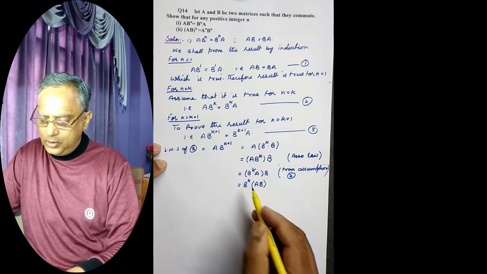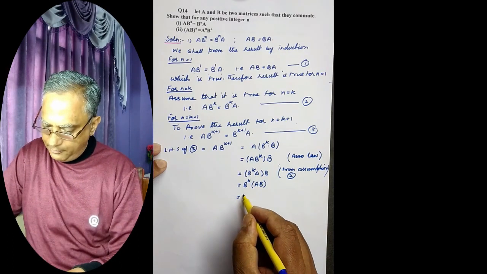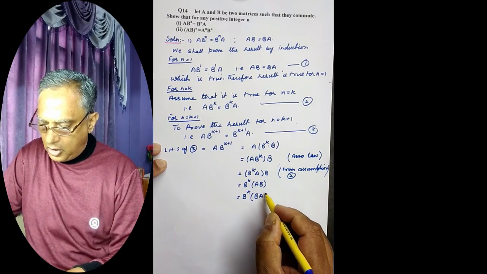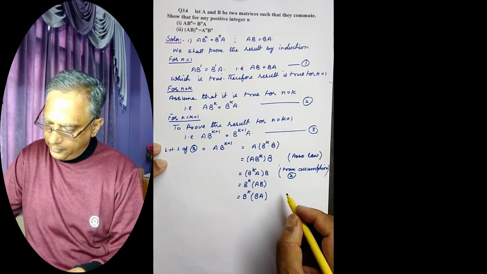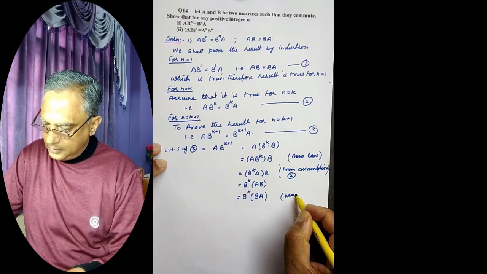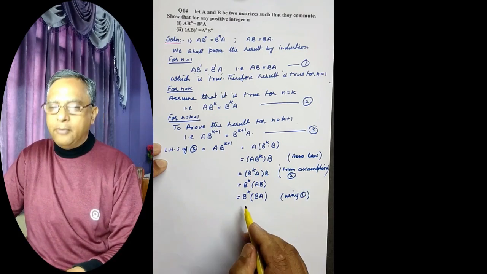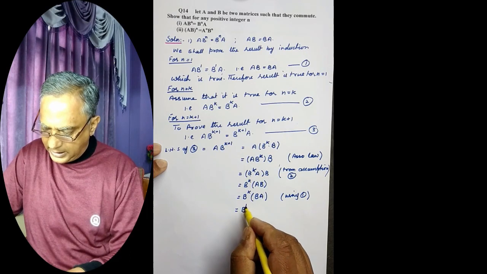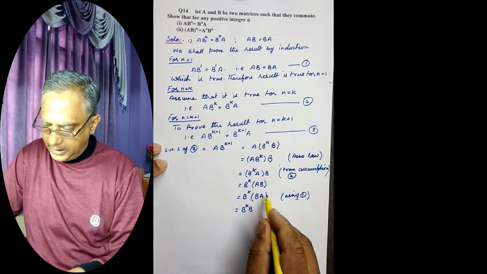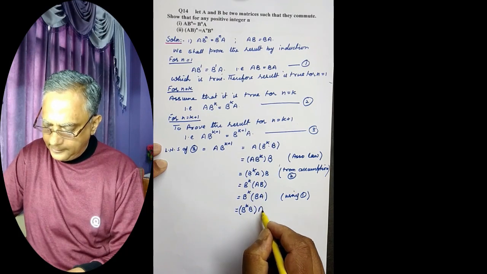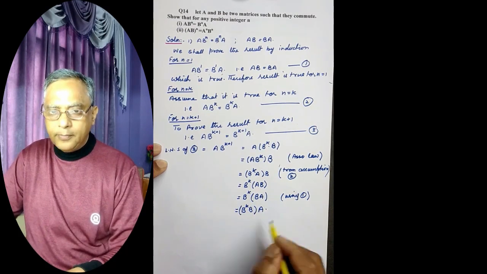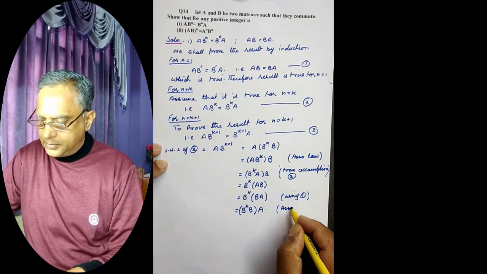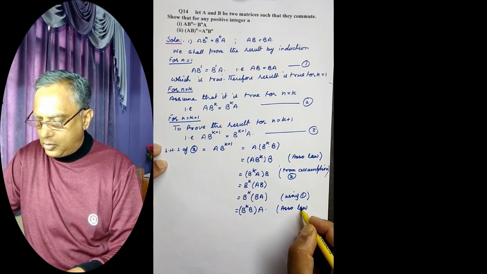We have to move this B to this side. So what we do is B to the power of k into B, A, because A and B are commutative using 1. A and B are given to be commutative. And then by using associativity, we can move this bracket from here to here, because the associative law for matrix multiplication is true.